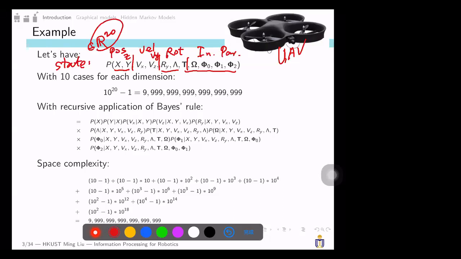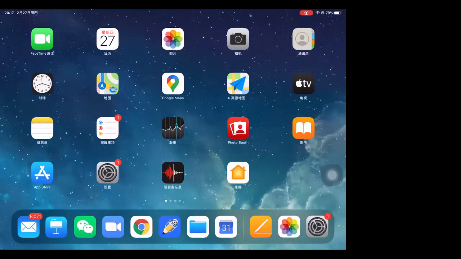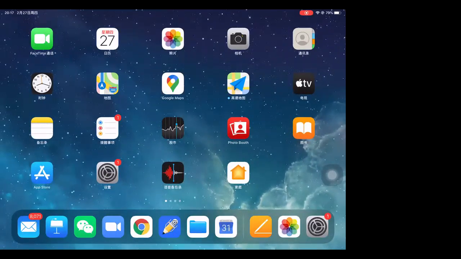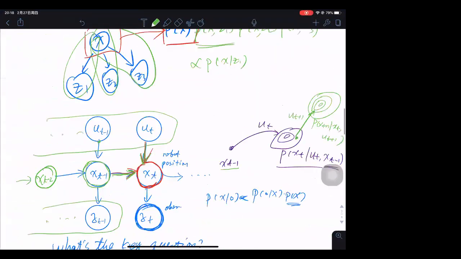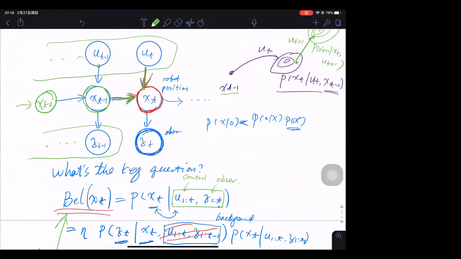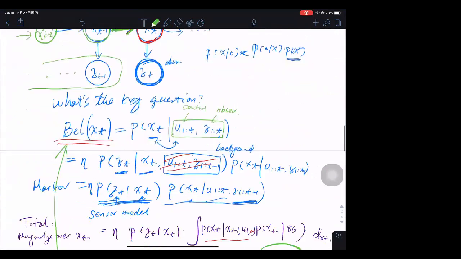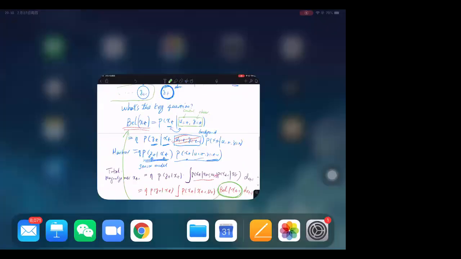What do we need from this 20-dimensional state? From the previous analysis, if we want to update the state x_t based on x_{t-1} and u_t, we need to find the joint distribution of all the random variables.